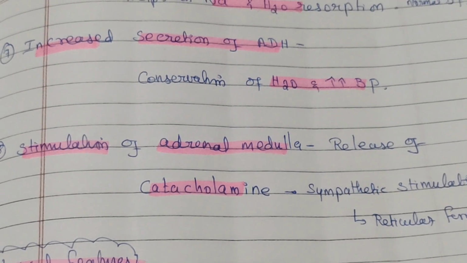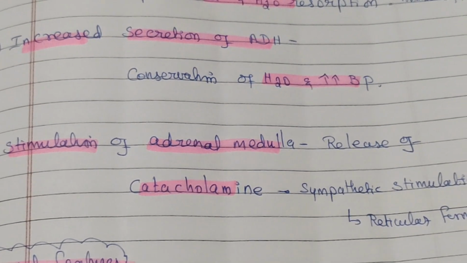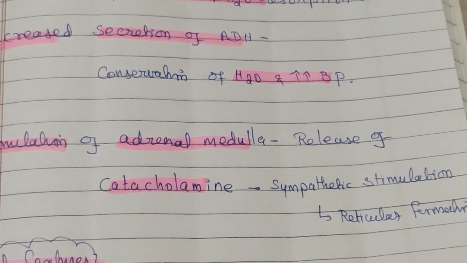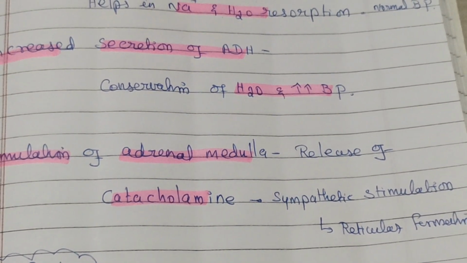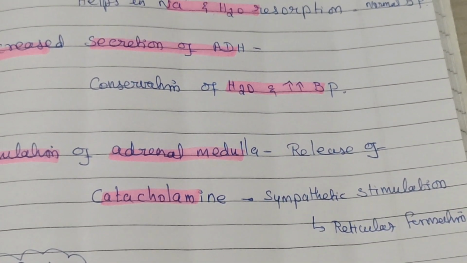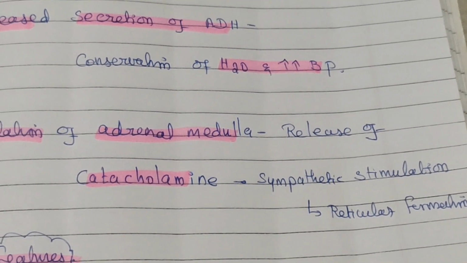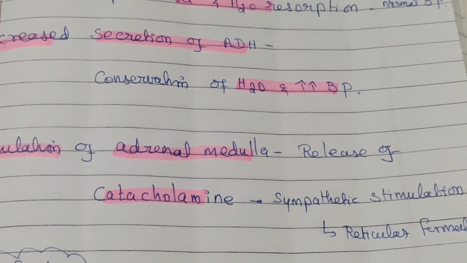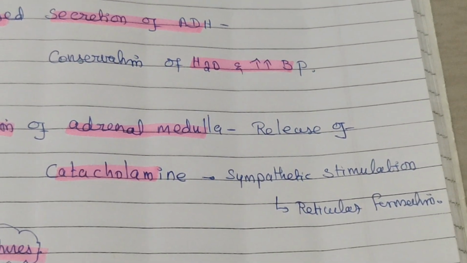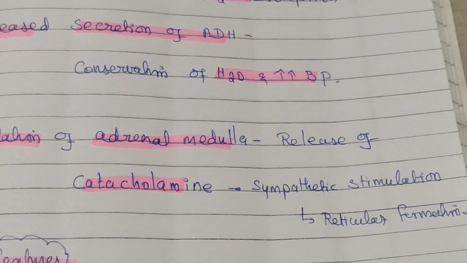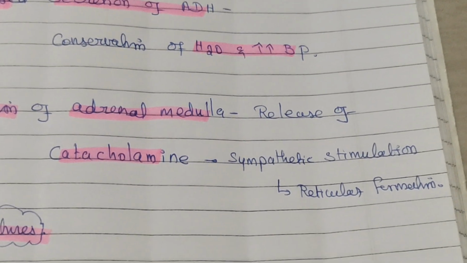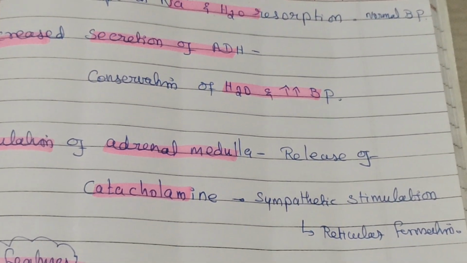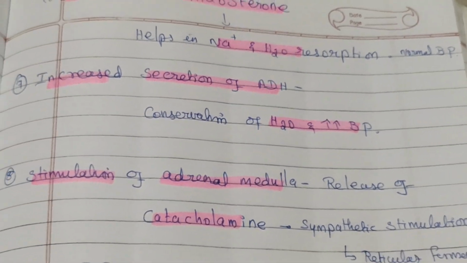The last compensatory mechanism is stimulation of the adrenal medulla, which releases catecholamines. Once catecholamines are released, they cause sympathetic stimulation, and also stimulate the reticular formation. So these are the 8 compensatory mechanisms.